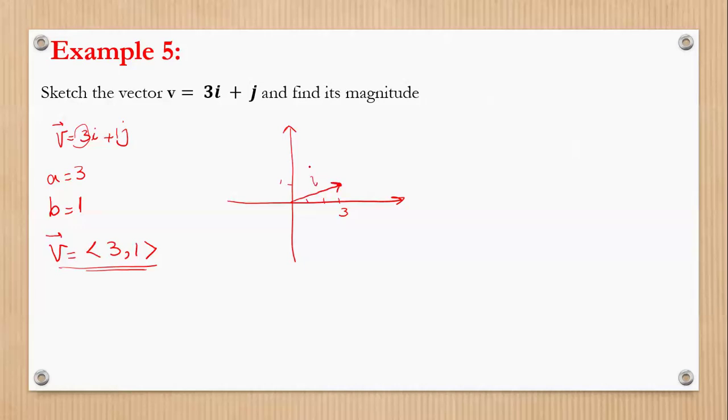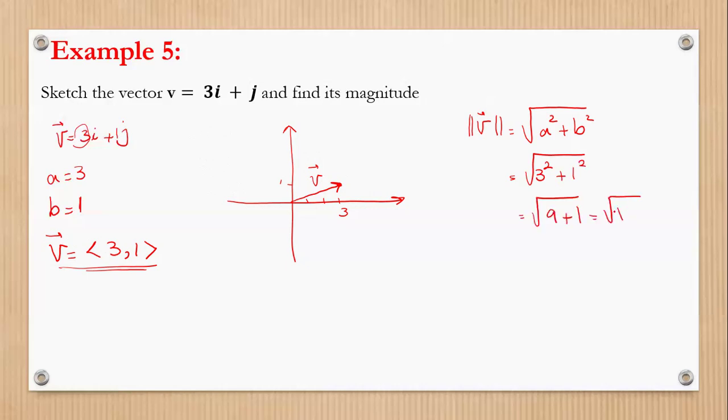That's the vector. Now we need to find the magnitude of the vector. To find the magnitude, we are going to use the formula that we always use, which is a squared plus b squared. a squared means 3 squared, b squared means 1 squared, 3 squared is 9, 1 squared is 1, 9 plus 1 is 10. So the answer is the square root of 10.